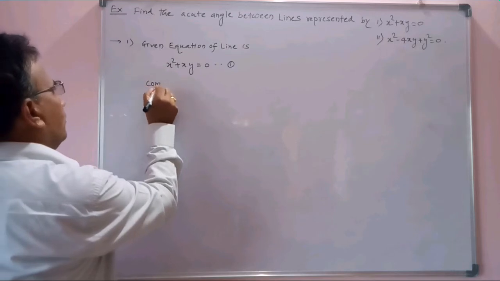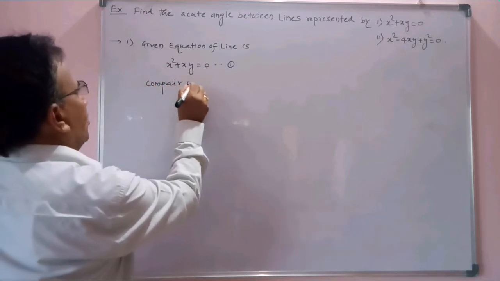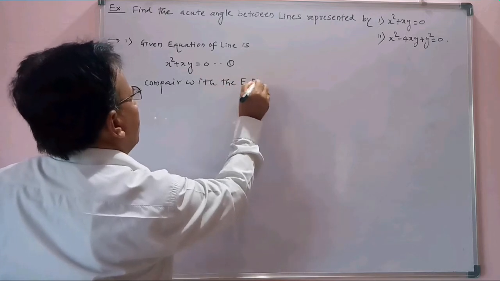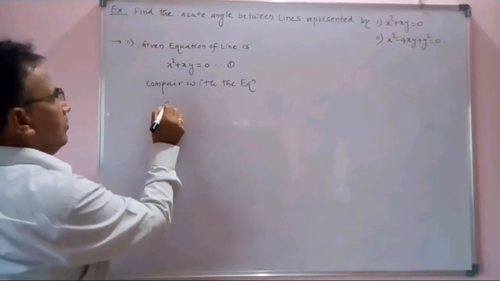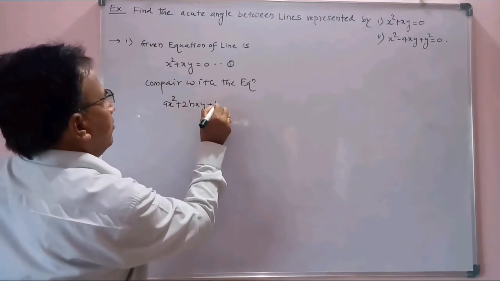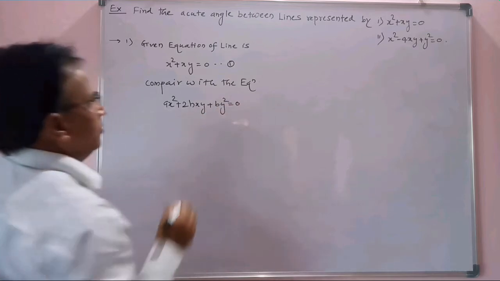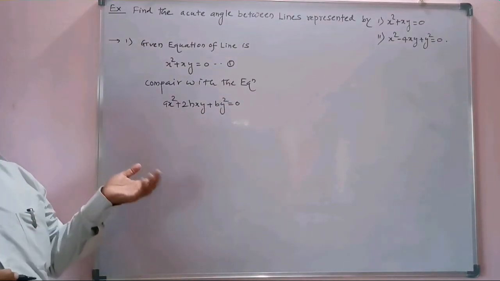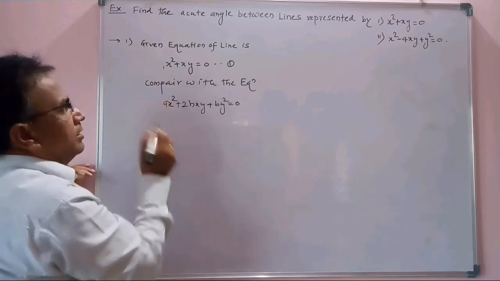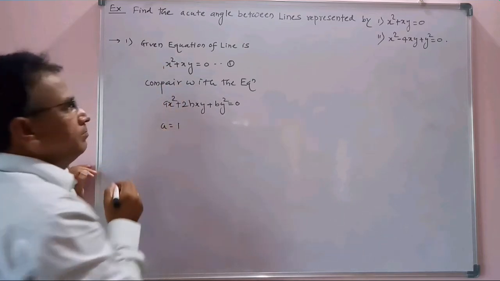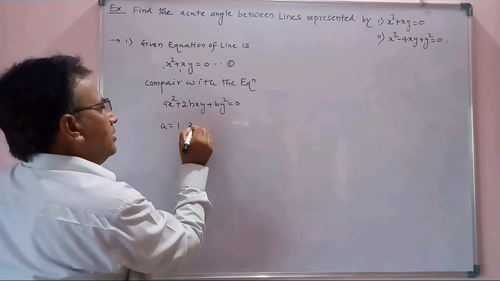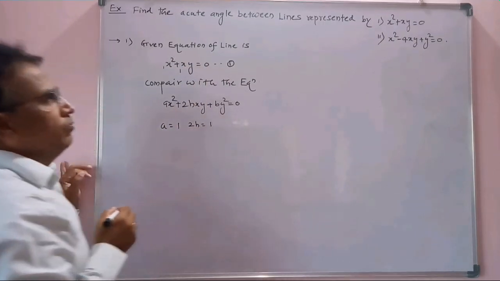Compare with the equation ax square plus 2hxy plus by square equal to 0. Therefore, the coefficient of x square is 1, so a equal to 1. The coefficient of xy is 1, so 2h equal to 1.